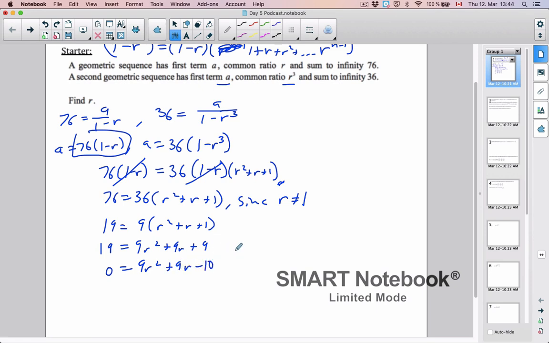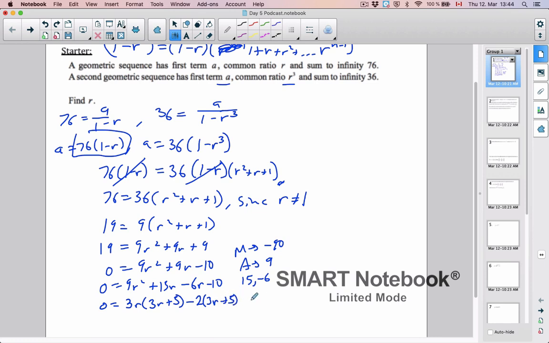And then we can factorize this. We need two numbers that multiply to give you negative 90, add to give you 9. Those numbers are 15 and negative 6. So this is 0 equals 9r squared plus 15r minus 6r minus 10. 0 equals 3r times 3r plus 5 minus 2 times 3r plus 5.